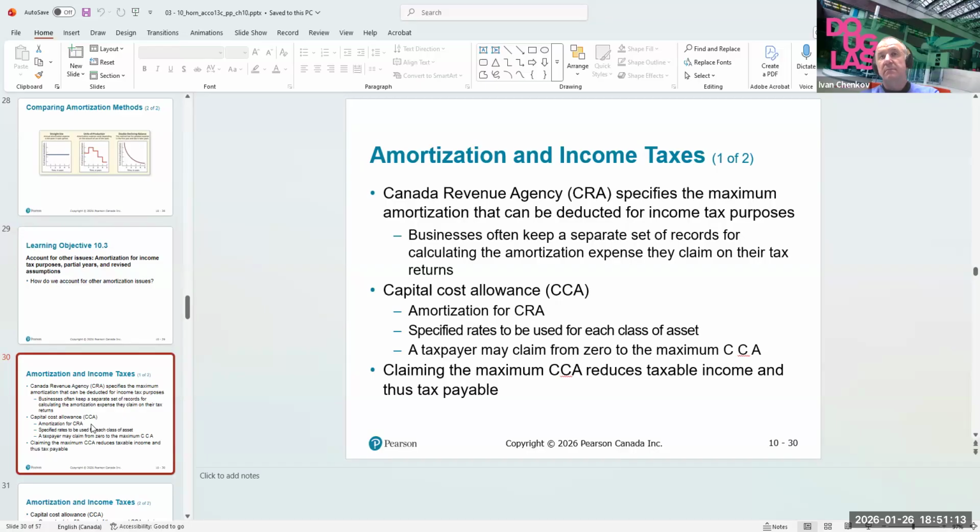But they give specific instruction what kind of amortization percentage can be used on specific items or specific assets. All the assets are grouped in classes. Each class has different rules for amortization, transferring the cost of the asset over the useful life of the asset. In Canada Revenue's reality, that's called capital cost allowance.